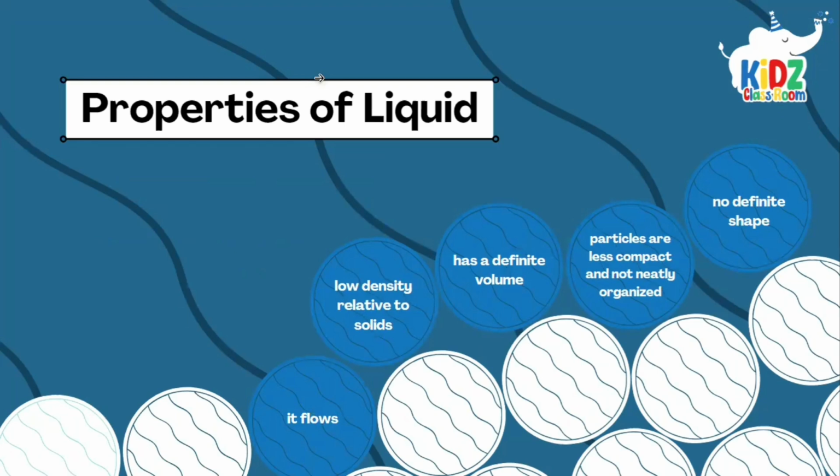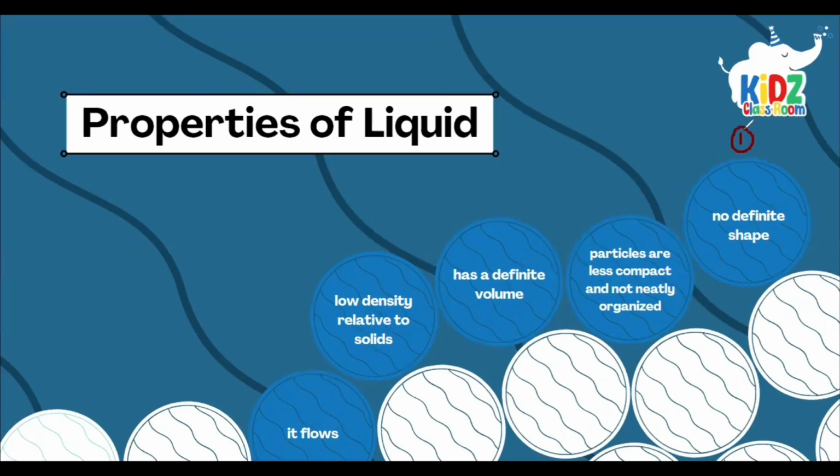First one is that they have no definite shape. What is meant by they have no definite shape? This means that liquids take the shape of the container they are in. Give me an example.